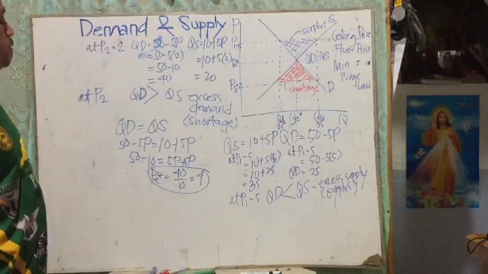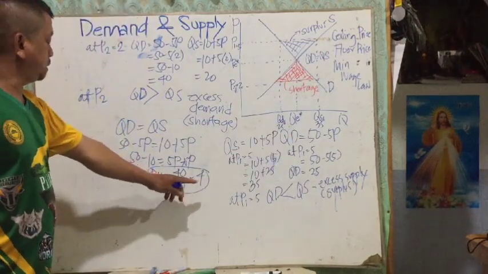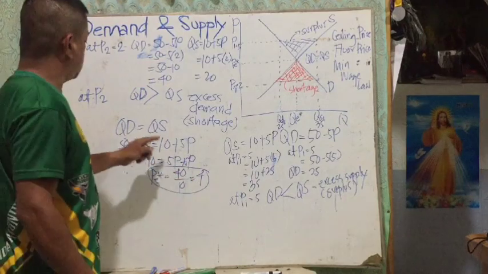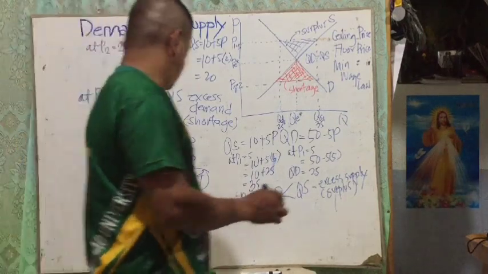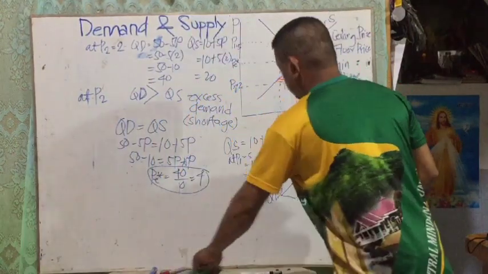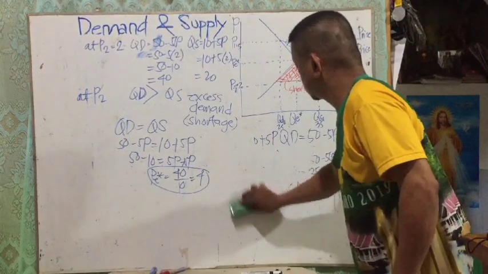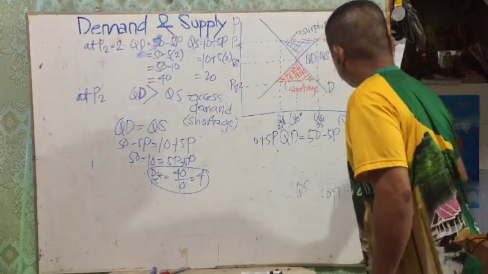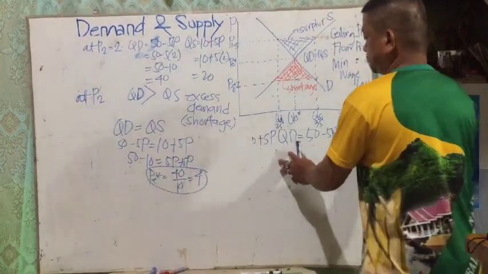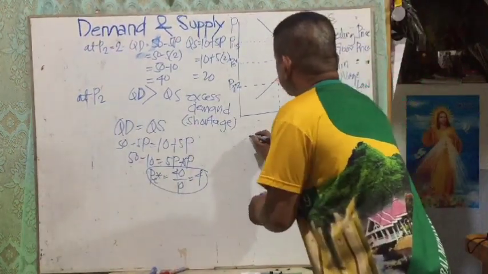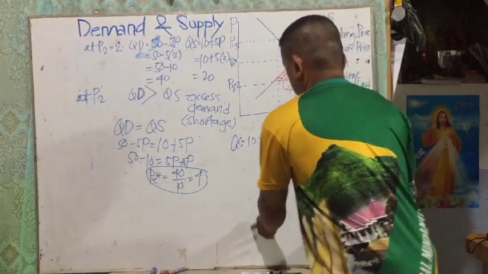So how do we solve for the QE star? We just simply substitute the price obtained in any of the two equations. Let us say we use the supply first.